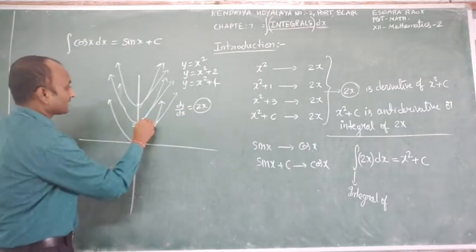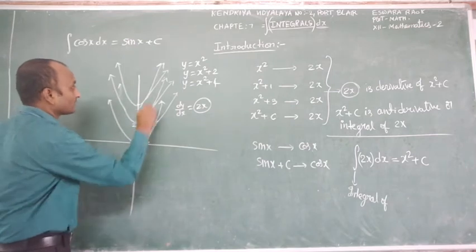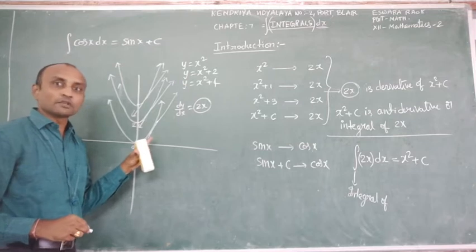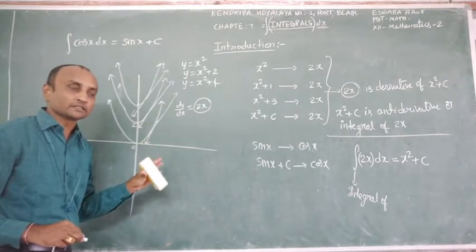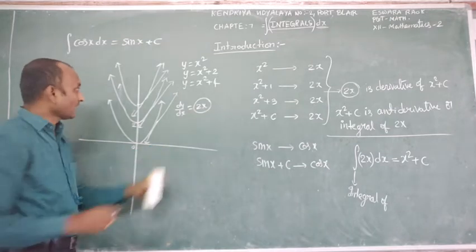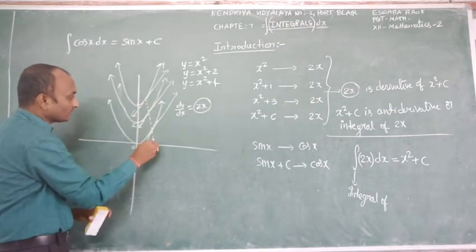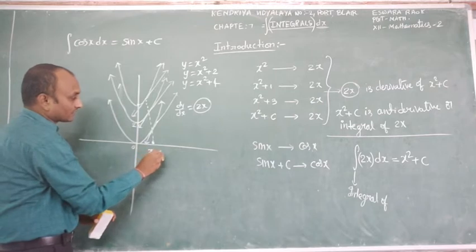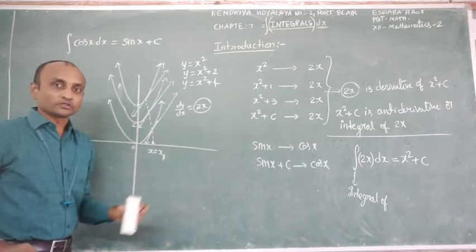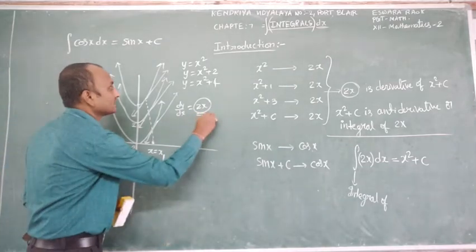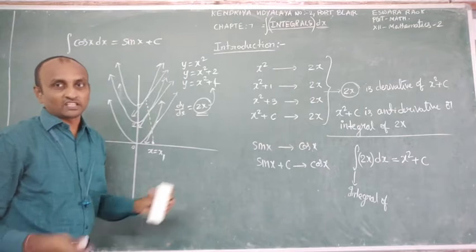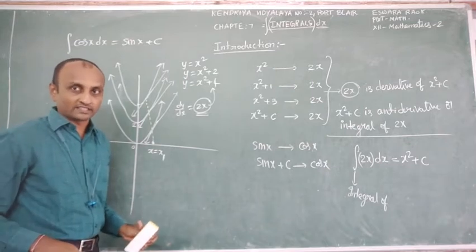So the tangents, if you see, are parallel to each other. When tangents are parallel, their slopes are equal. The slope of a tangent is dy by dx, so dy by dx is equal to 2x. It is the same, and the x coordinate of all these will be the same. At x equal to some x1, you will get the same slope. That is why 2x is called the derivative of one of these three functions, or many functions; you can take x square plus c.